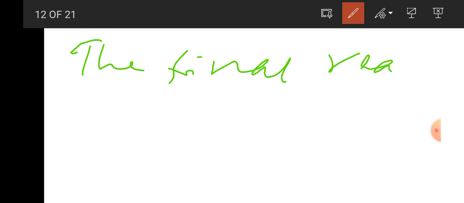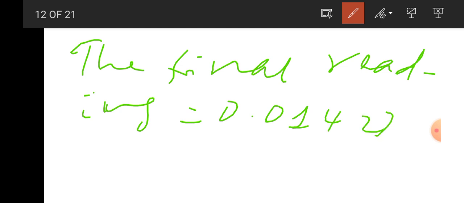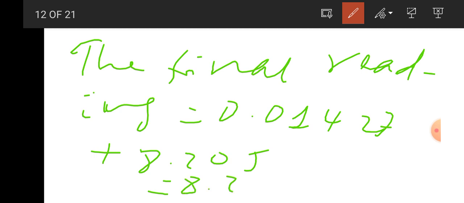We get it by adding the mass we just calculated to the initial mass. The final reading of the balance is equal to 0.01427, the mass we just calculated, plus 8.205, which is equal to 8.219 gram.